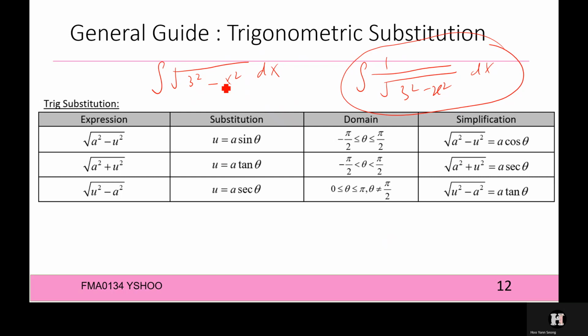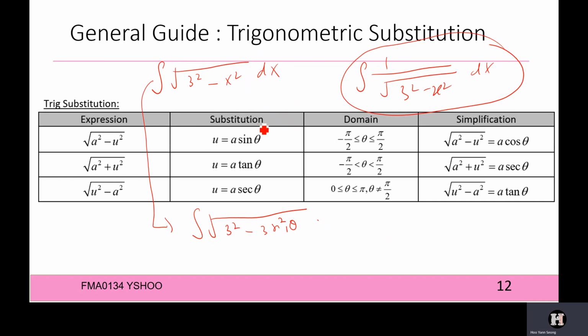So when this type of question comes out, the substitution you can use is to substitute x with a sine θ, and then you change the question. Now, 3² you will never change. x, I will change to become A sine θ. Since A is 3, it's 3 sine² θ. Then I factor out.